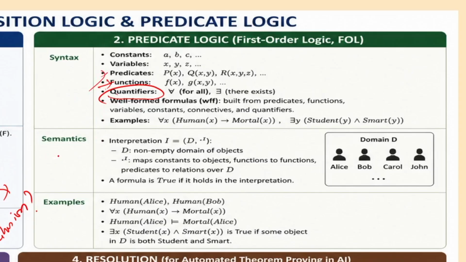Now, the semantics would be very similar to the syntax. Apart from that, we have the interpretation here, and the domain, in terms of the interpretation I that maps objects and functions. Some examples of predicate logic are given, like all humans are mortal can be expressed like this.